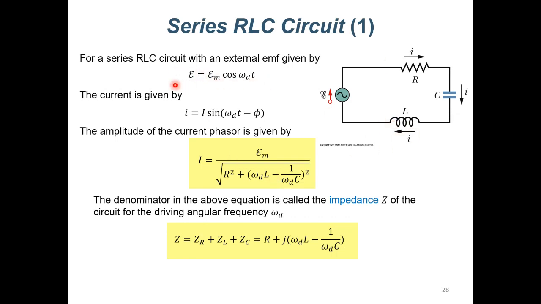The E is still the same expression, E_m times cosine omega_d t, and the current is given by I, the amplitude of the current, times the cosine function of omega_d t minus phi.